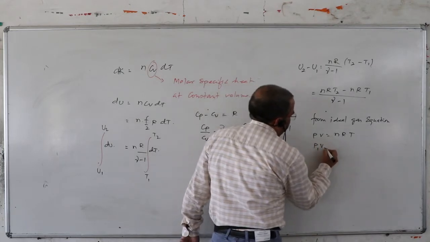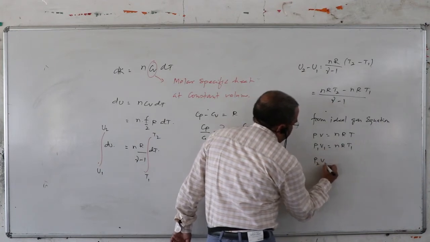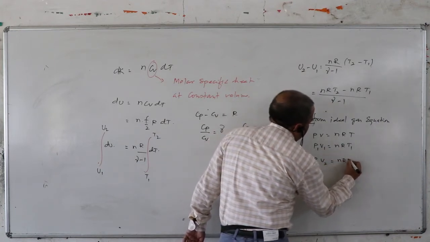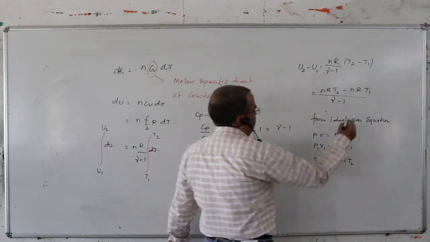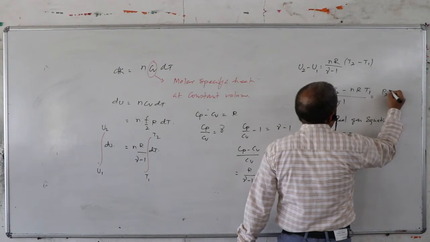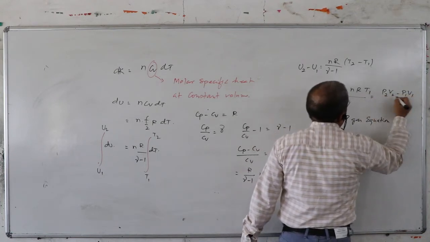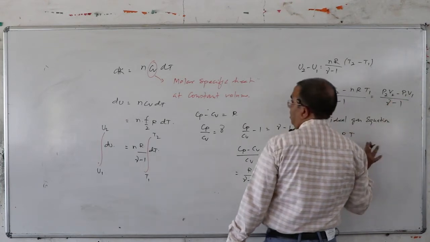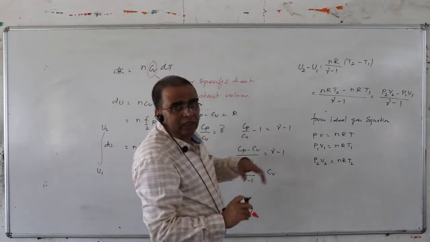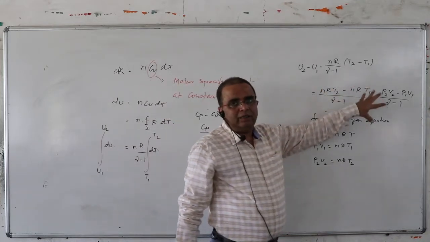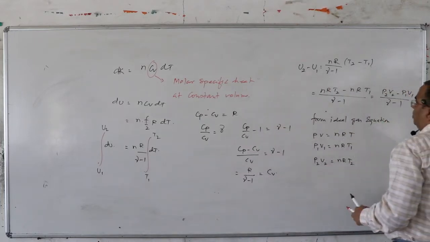So P1V1 is equal to nRT1, and similarly P2V2 is equal to nRT2. We can write it as P2V2 minus P1V1 upon gamma minus 1. Please keep in mind these simple expressions so that you can use them directly in numericals, and that will save your time and energy both.